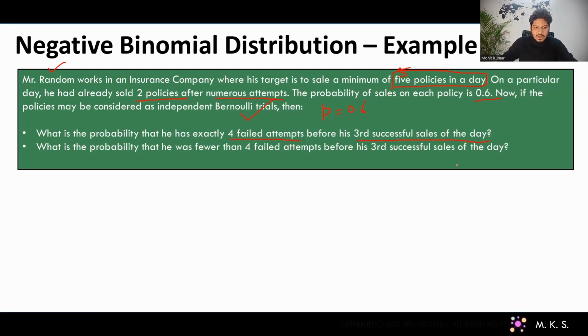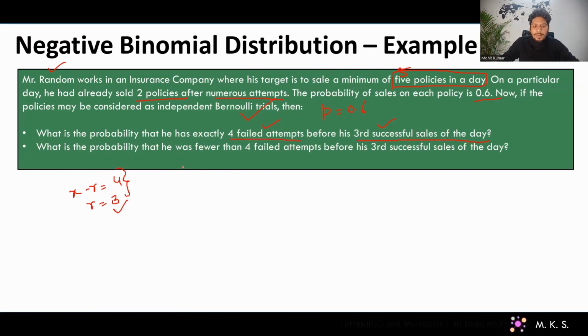Right? So here, x minus r is nothing but 4, and r is equal to 3. Am I right or wrong, guys? So x minus r means there are 4 failures before his 3rd successful sale of the day, so r is 3.